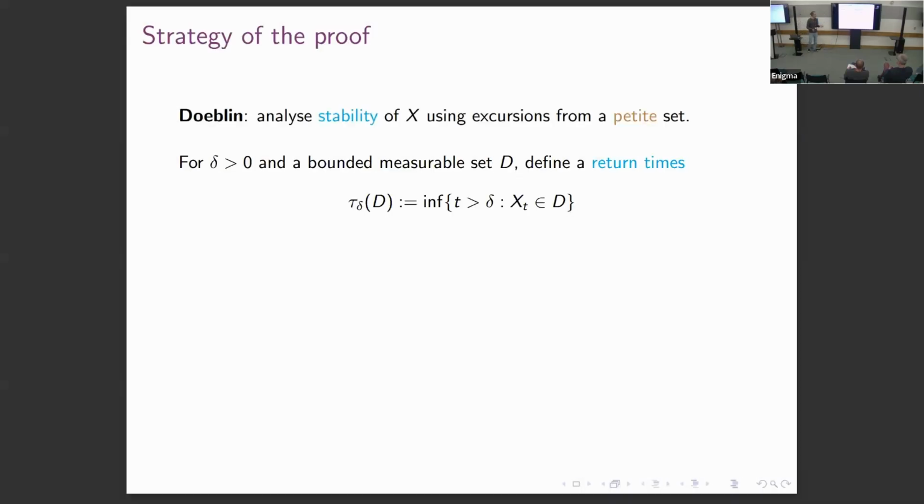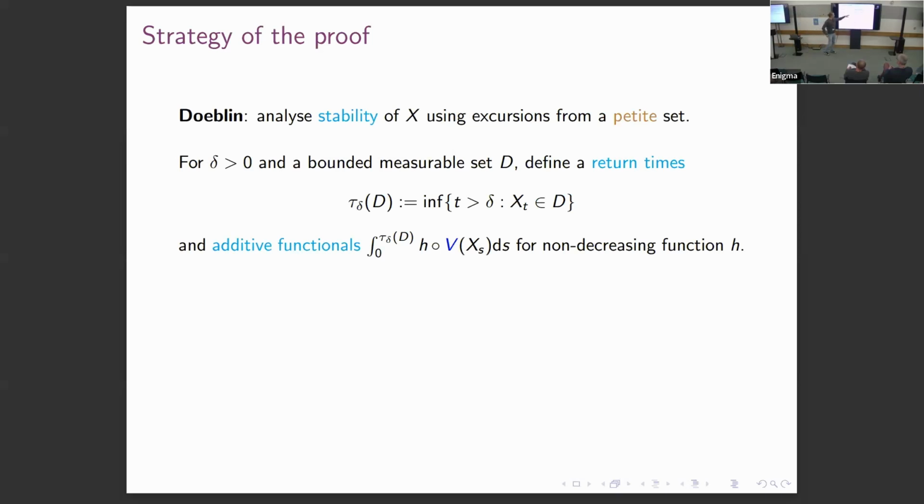So what are going to be excursions from Petit sets? We are going to have a bounded measure set D, and some positive time because we're in continuous time. We're going to look at how long it takes for the process to return to this set D. And what's going to be of special importance is not only how long you have to wait to return to the set, but we have to understand the additive functional that captures the path of the process.